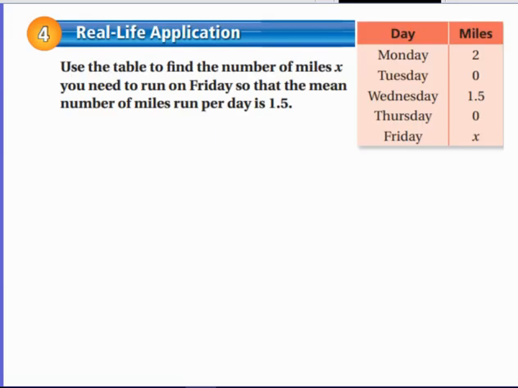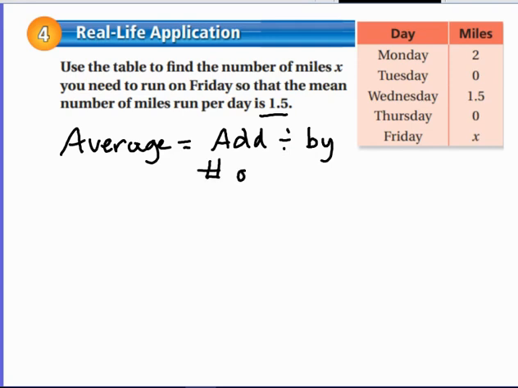In this question, it says that you run so many miles each day, and you want to take your whole weekly average and average 1.5 miles per day. And remember, when we want to find an average, we take all of our numbers, total amount, so add everything together and then divide by the number of terms.